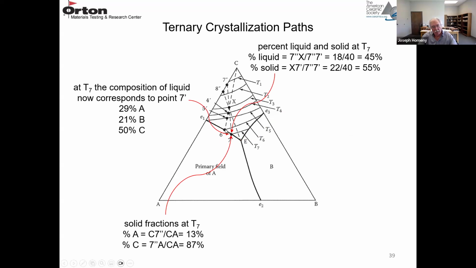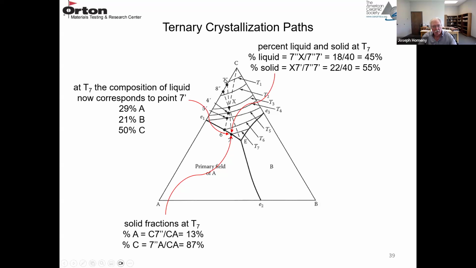So we'll pick a point on this boundary line, 7 prime. So the composition at this point, we just read it off the phase diagram, is about 29% A, 21% B, and 50% C. That's the composition of the liquid at 7 prime. And if we wanted to look at the percent liquid and solid at this point, we have to draw another tie line from 7 prime through X, and it intersects A and C at what we call 7 double prime.